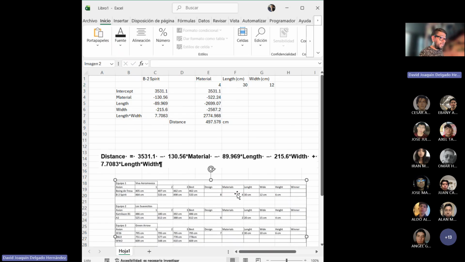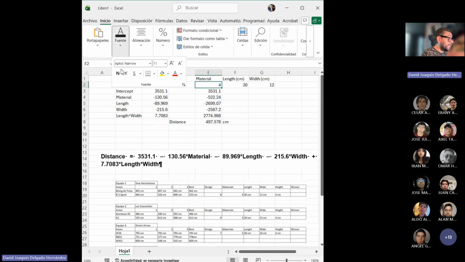You can see here, this is material number 4. The length is 30 centimeters, so material is 4. I am going to put it in bold. Then the length is 30. I am going to put it here 30. And the width is 12 centimeters, okay? So this is 12.